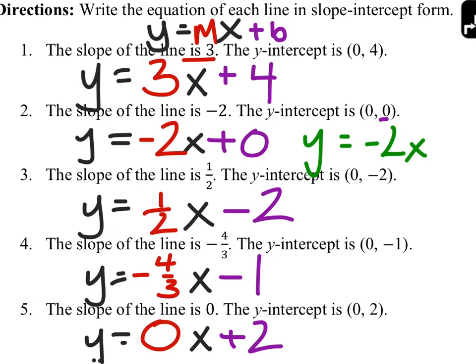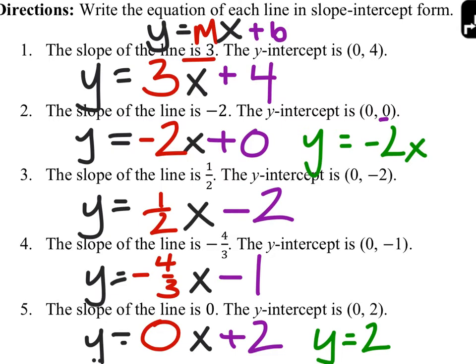Some teachers get a little picky, though, and they may prefer you just to write y equals 2, because again, that identity property of adding 0 just means nothing. Me, I don't care, but I'm just warning you, in the future, other teachers may prefer that you write it like y equals 2, just to say that it's fully simplified. I'm okay either way, though.